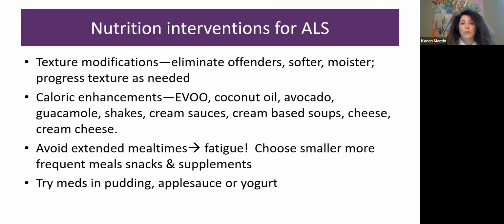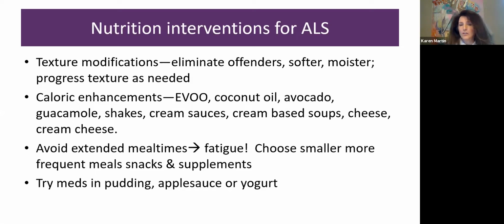Going for softer, more moist foods, things that are crock potted and have more moisture, stewed chicken, flaky fish, those kinds of things, not like a dry piece of meat. A chicken fried steak or something like that would need lots of gravy with it. So you can still have those things if they're in your realm and are not a problem for you, but we need to moisten them up with lots of gravy.